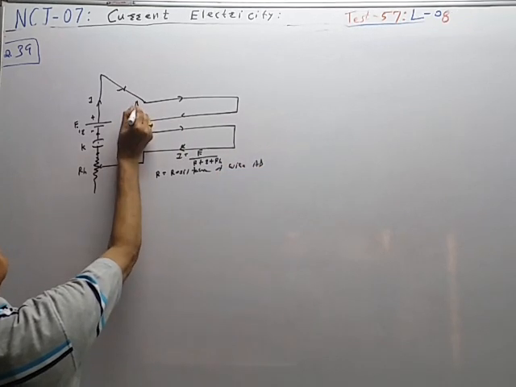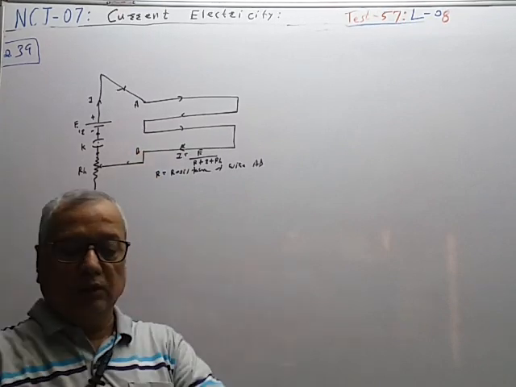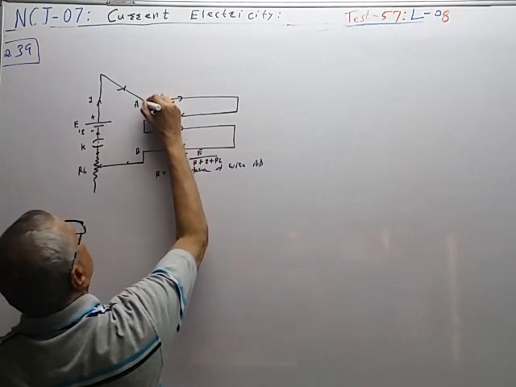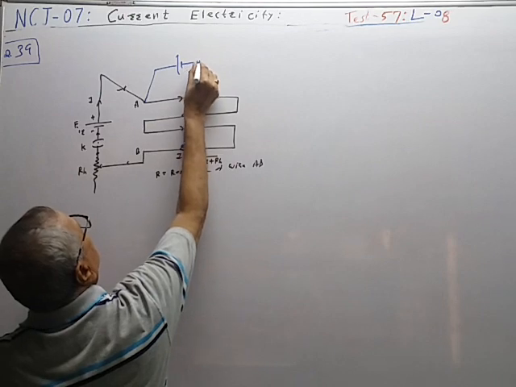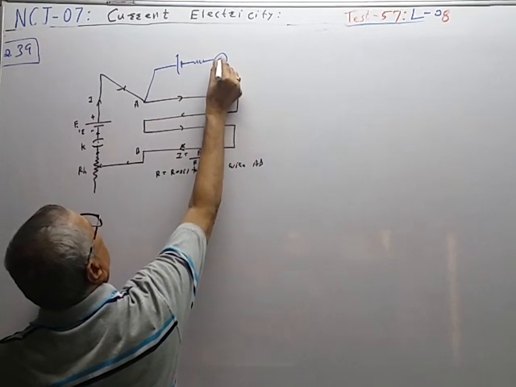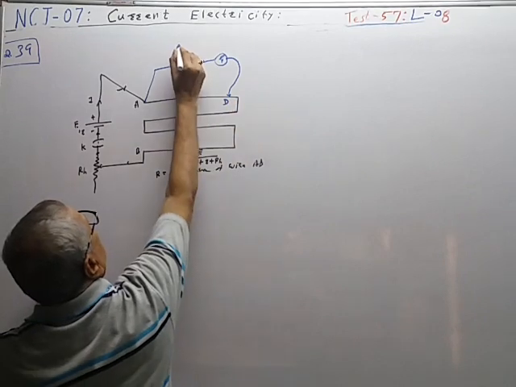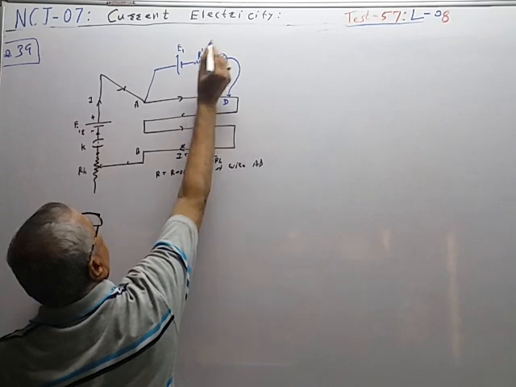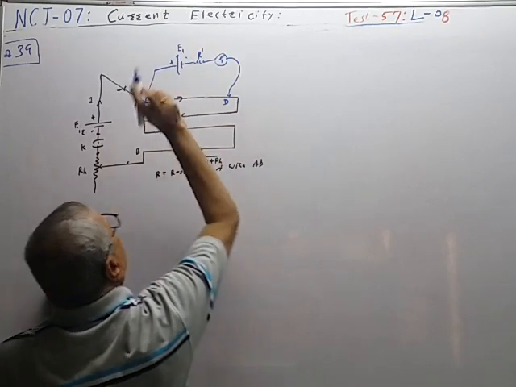Now, the cell whose EMF is to be determined is connected here. So this is the EMF E1. This is the resistance R dash, and this is galvanometer resistance like this.